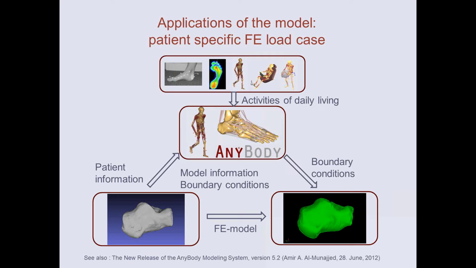So, concretely, the workflow is the following. We have some patient information, so that's a CT scan of the bone, so we can scale the model exactly to the patient.